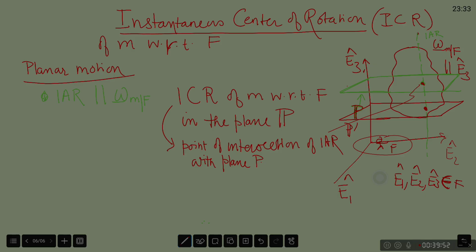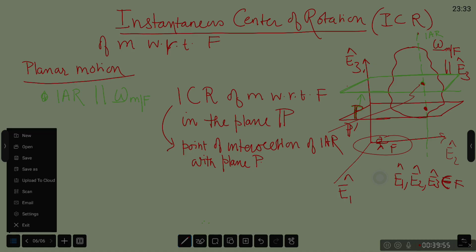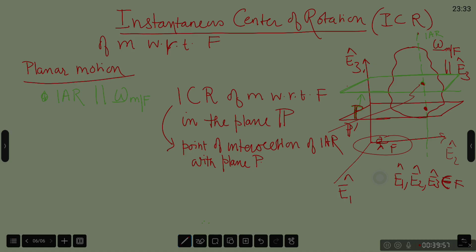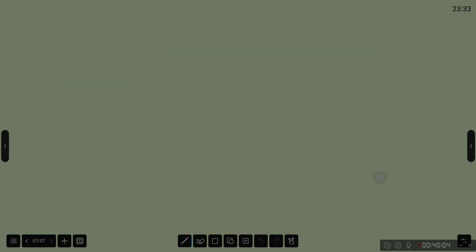Fine. Now we go to different cases wherein it is possible to identify IAR and also ICR by visual inspection. There are three such cases I want to show here. Identifying IAR and ICR by visual inspection.